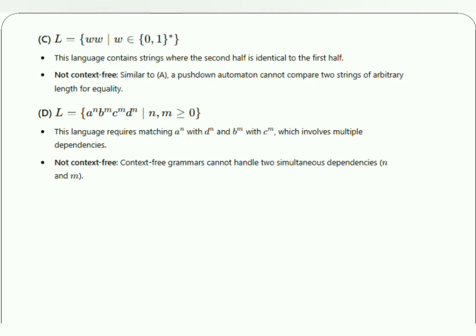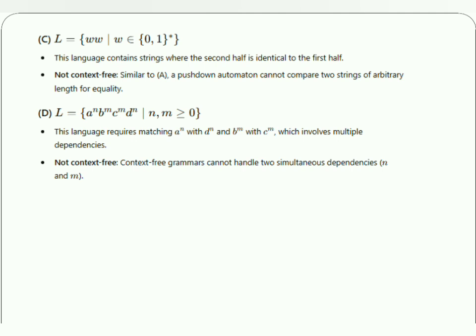And option C, L equals WW, where W is a combination of 0 and 1. This language contains strings where the second half is identical to the first half. Suppose we take 0 plus 1 whole star, 0 plus 1 whole star.